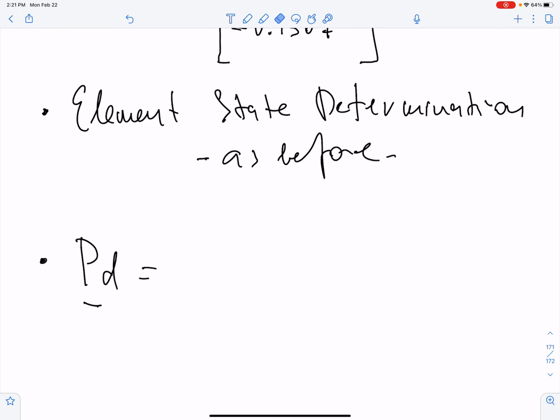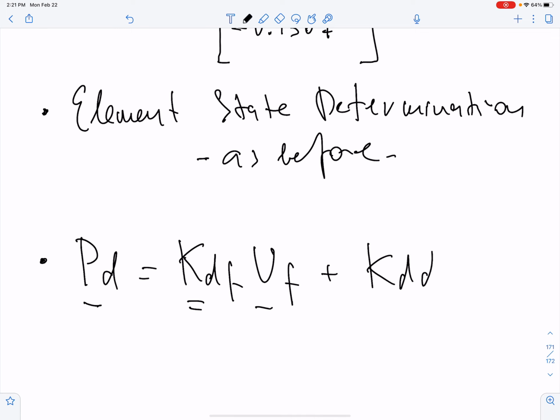So the general expression is KDF times UF plus KDD times UD for this case.